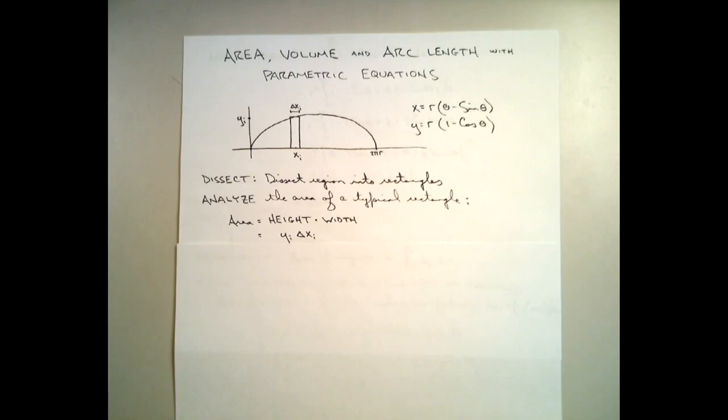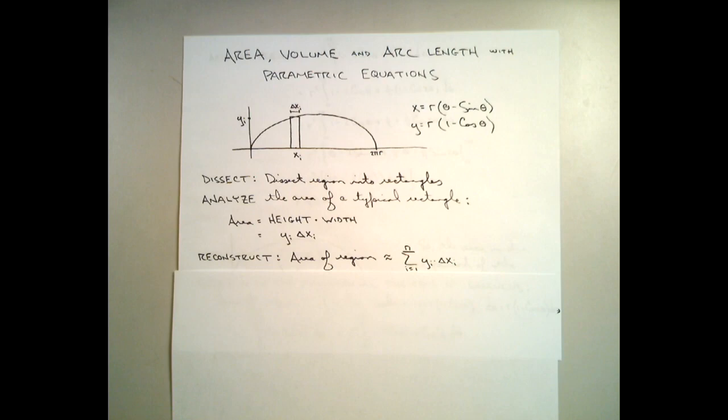All right, so we've dissected, we've analyzed, and now we want to reconstruct. So the area of the region we can approximate now by putting all of the areas of the rectangles back together, and that gives us this Riemann sum.